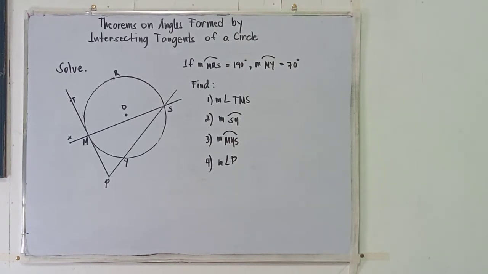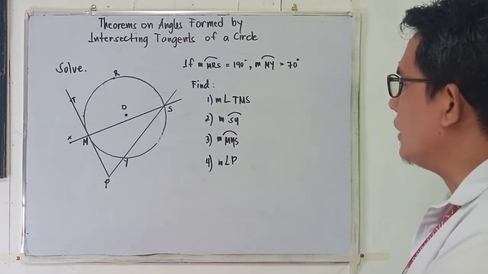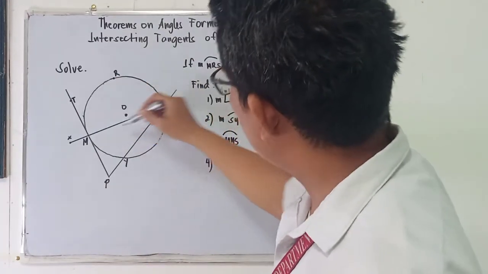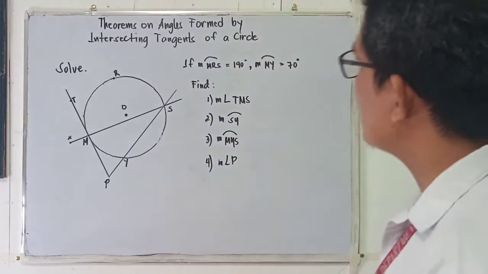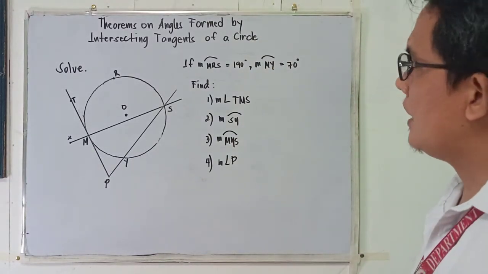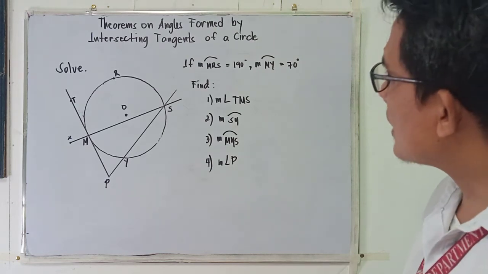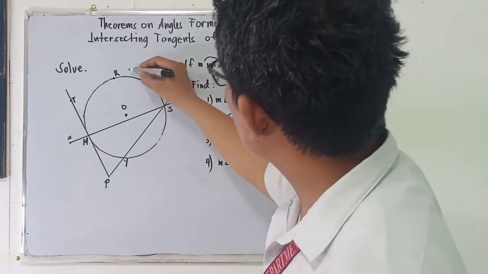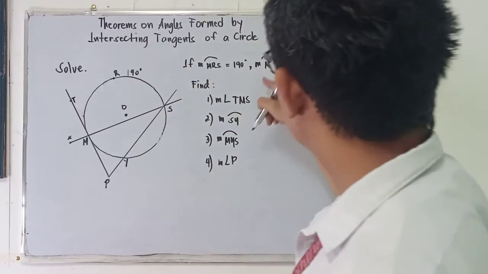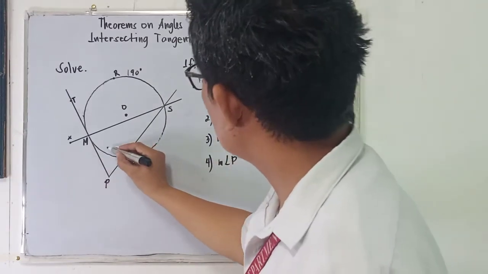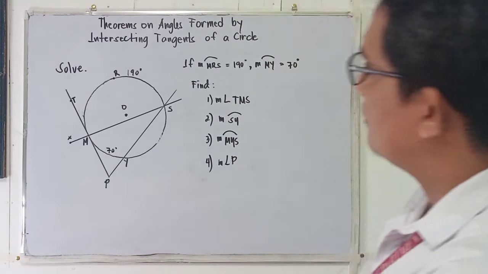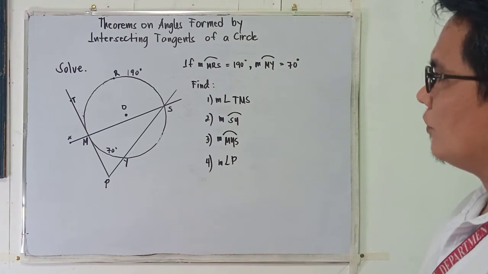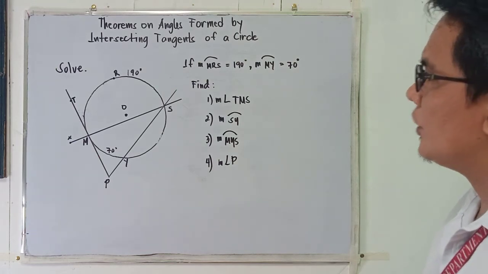Okay, let us try to solve number 1. What is the measure of angle TMS? In order for us to solve, the easier way, since we now have the given information, is to put it on our figure. So arc MRS is equal to 190 degrees and arc MY is 70. From there, we solve what is obvious using the theorems of circles.